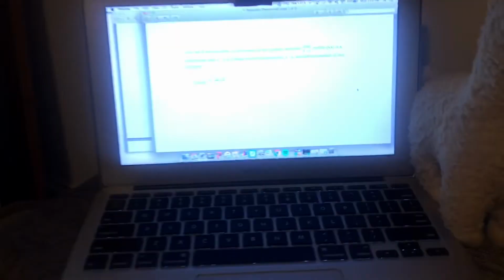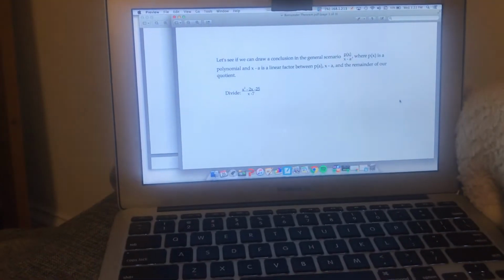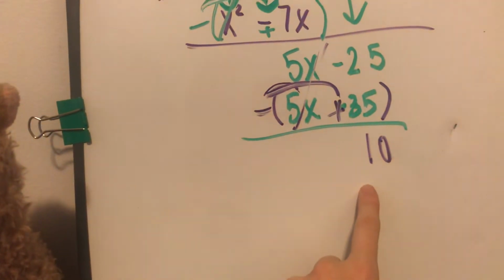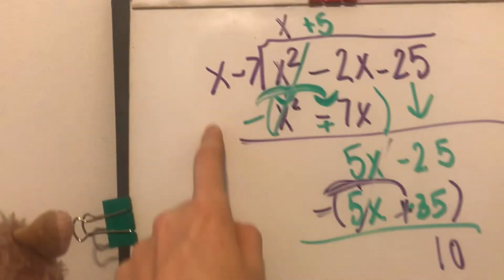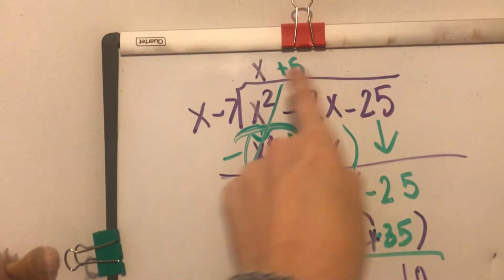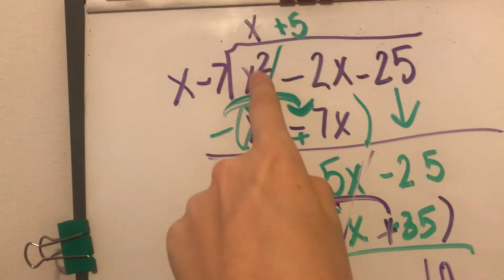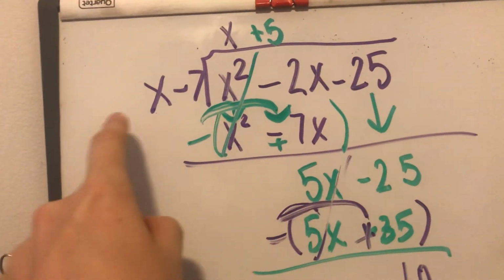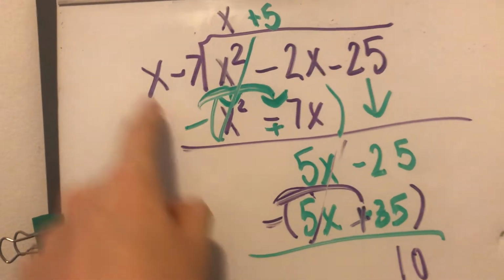Again, if I want to prove my remainder theorem works, I should be getting a remainder of 10. That's what we just saw here. And I also know that x minus 7 is not a factor of this expression. If I said to you factor this using the ABC method, x minus 7 would not be what you get.